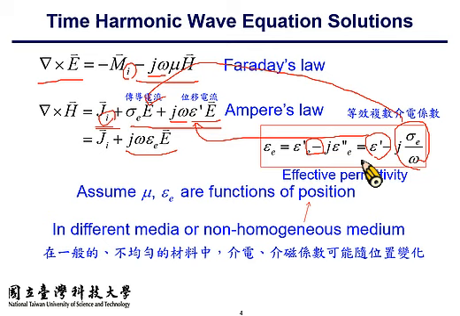Well, the displacement current is caused by a varying electrical field. And you have the so-called electrical dipole moment. You have an electrical dipole.